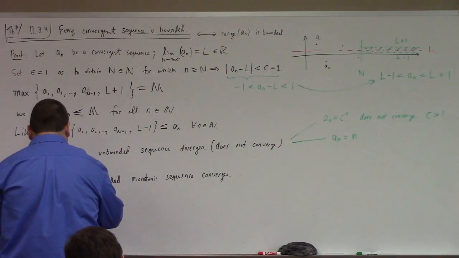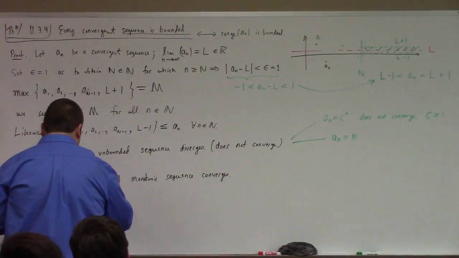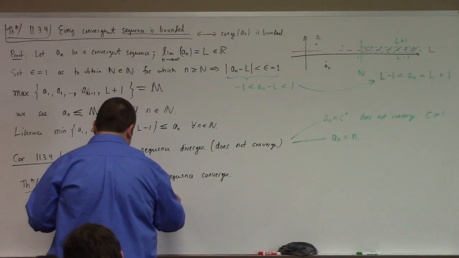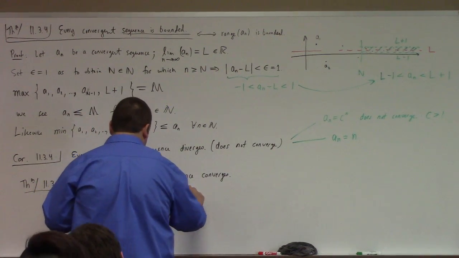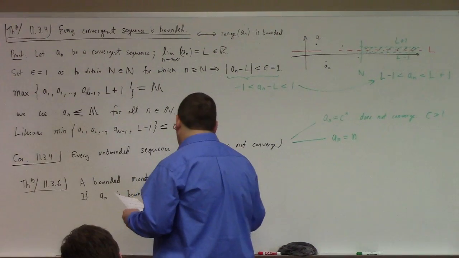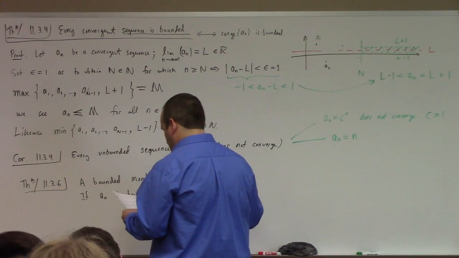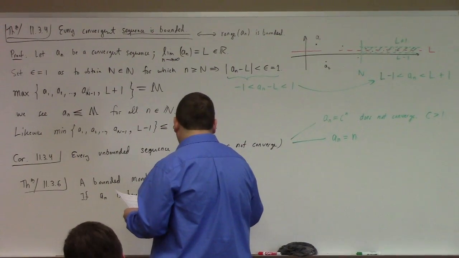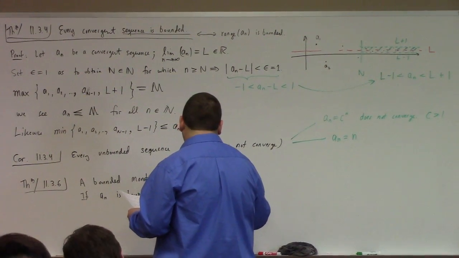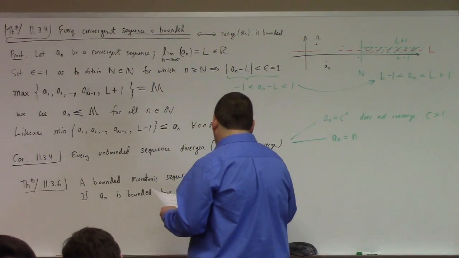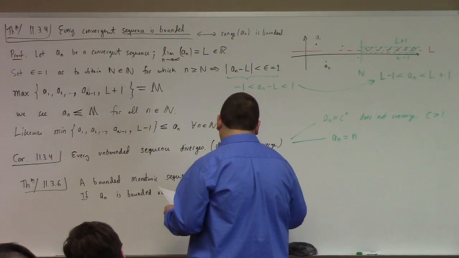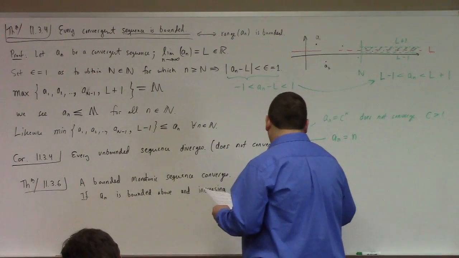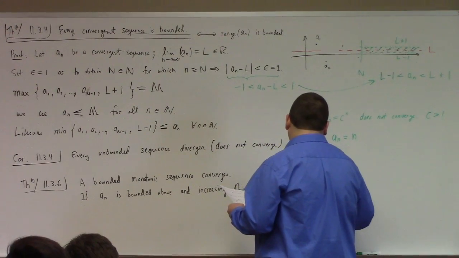In particular, if a_n is bounded above and increasing, which means it could be either strictly increasing or non-decreasing, then the limit as n goes to infinity of a_n is actually equal to the least upper bound of the range of a_n.